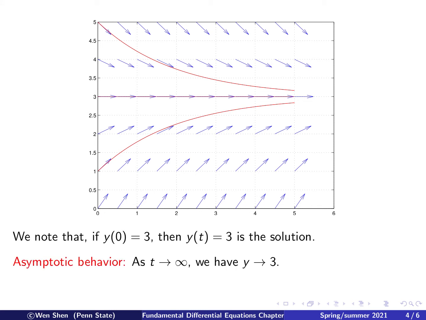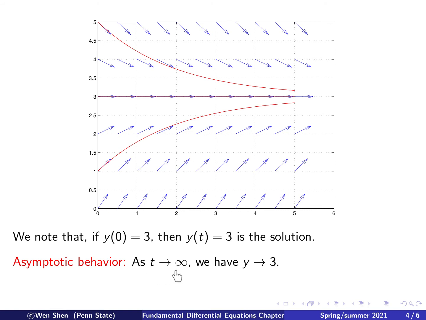So, to summarize, I would like to stress this point. When y0 equals 3, then y equals 3, the constant solution, is a solution. We stress that because this is a very interesting solution, and later we'll come back to it. The second observation is this asymptotic behavior, that is the behavior of the solution when t goes to plus infinity.